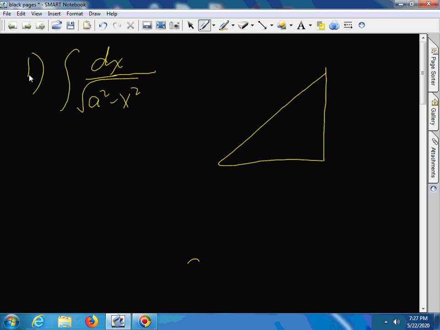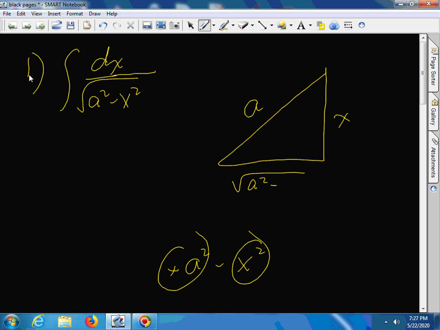Now, when I look at a squared minus x squared, that's understood to be positive. The square root of this goes on one leg. The square root of that goes on another leg. I'll put it here. And the square root goes on the third leg, and we'll call that u.